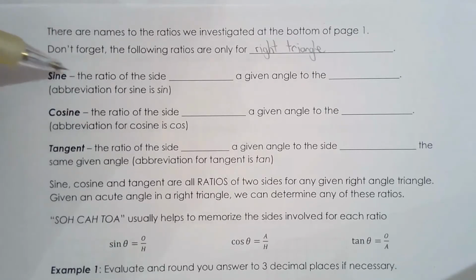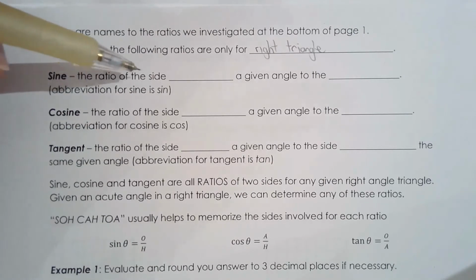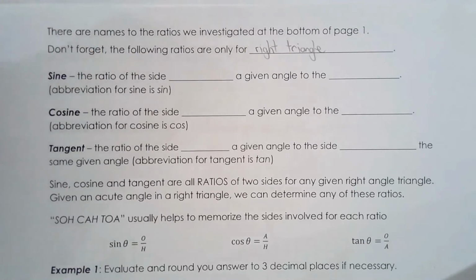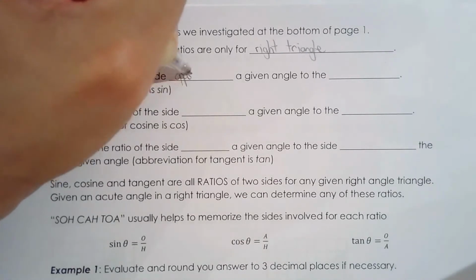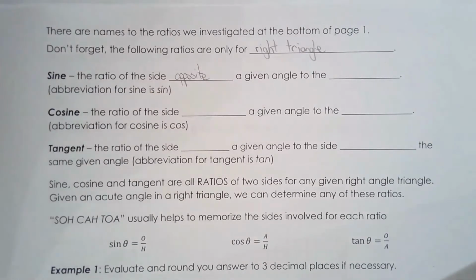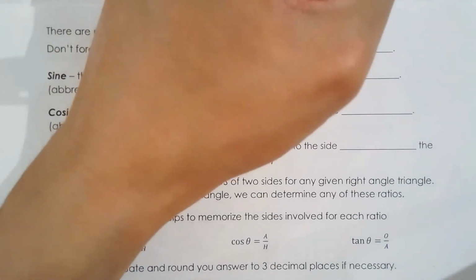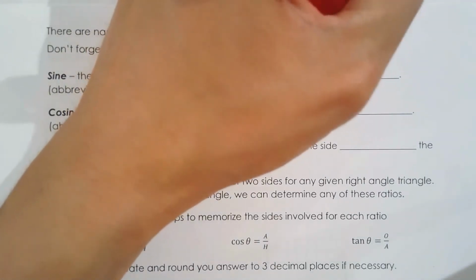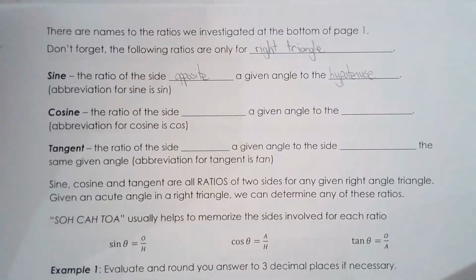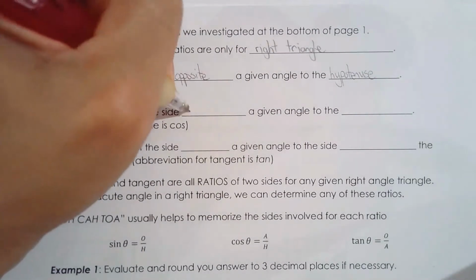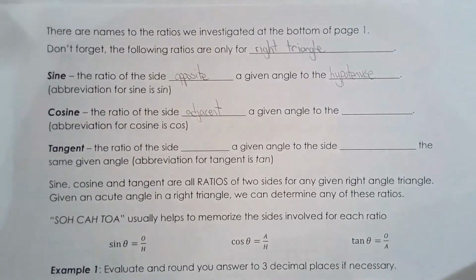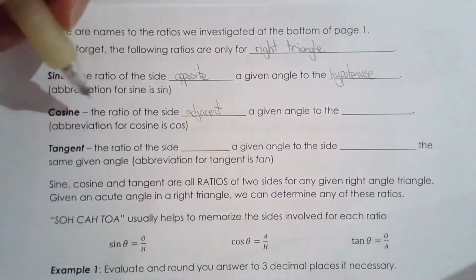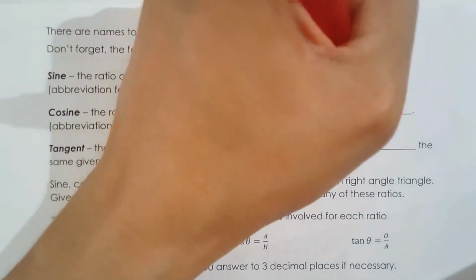Okay, so sine, we have to know the definition, so I'll just give you this one. The ratio of the side opposite a given angle to the hypotenuse. Cosine is the ratio of the adjacent side of a given angle. Well, it's the acute angle, but anyways, adjacent a given angle to the hypotenuse.